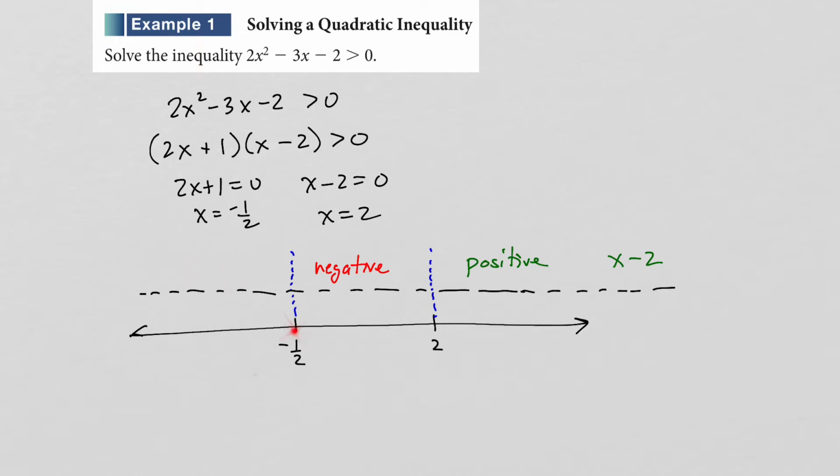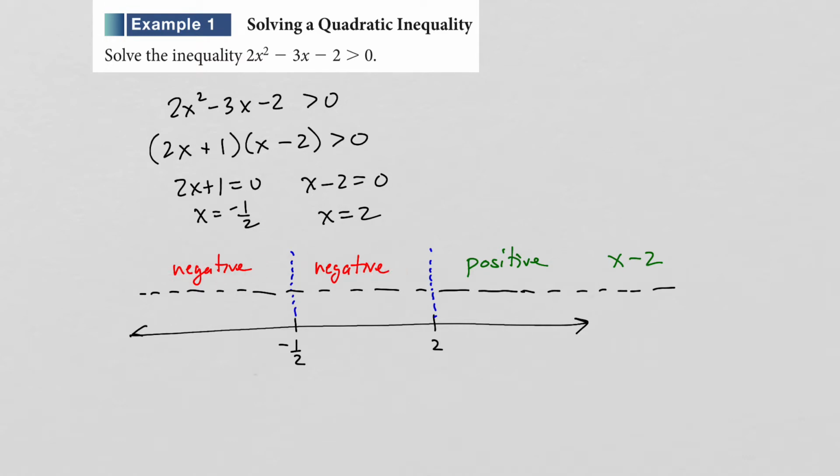If I plug in a number that is less than negative 1/2, pick any number less than negative 1/2, when you subtract 2 from it, it will still be negative. So what that tells us is that x minus 2 is positive when x is bigger than 2, and it's negative when x is less than 2.